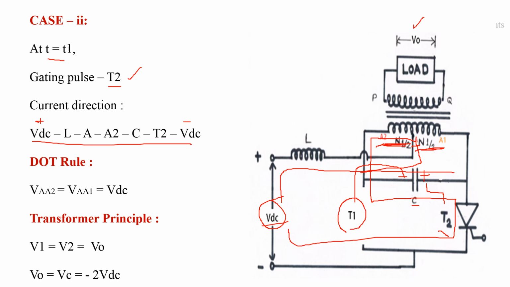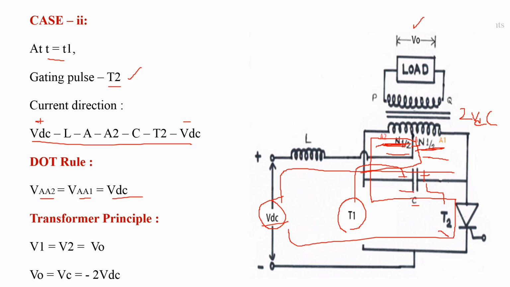According to the dot rule, this part voltage is the same as this part voltage, that is nothing but the input voltage VDC, and the total primary voltage is the summation of this part voltage and this part voltage, that is the total primary voltage value is 2 VDC, and the capacitor is connected across the primary winding.